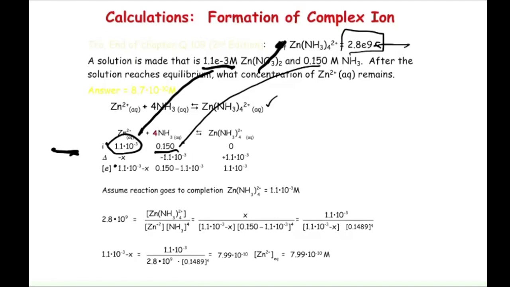Okay? And then the amount of zinc amine that you form is also 1.1 times 10 to the minus 3 because remember, your product is based on your limiting reagent. We did that in experiment number 2.